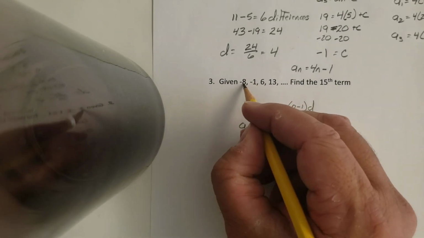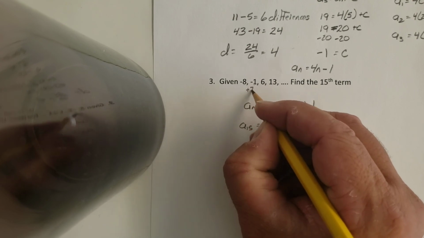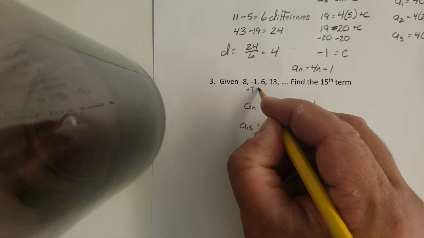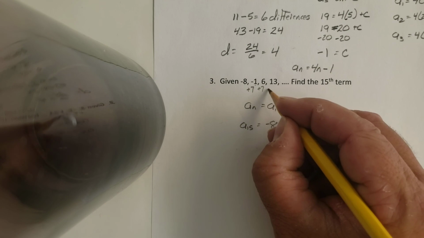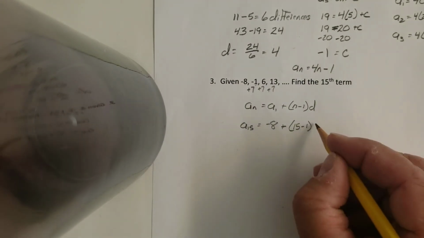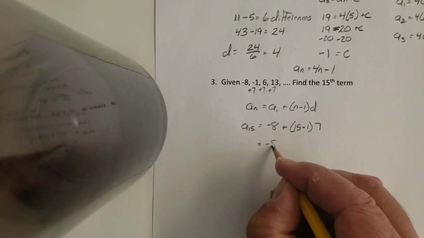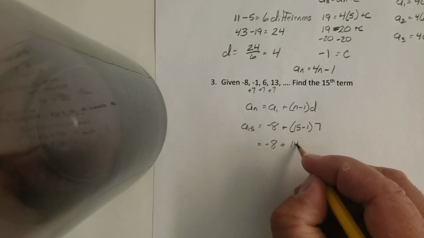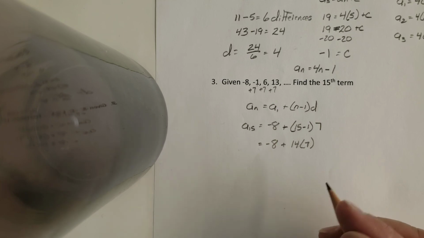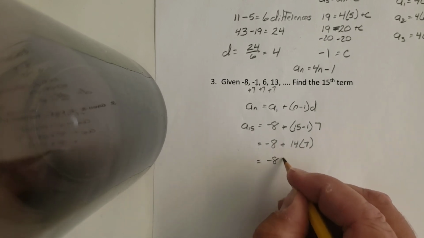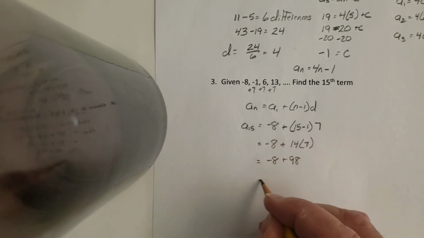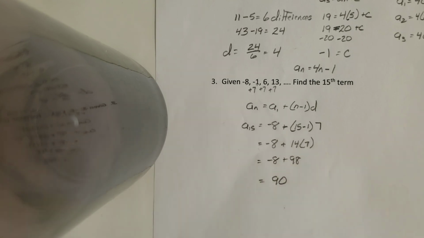What am I doing to get from -8 to -1? Adding 7, -1 to 6, 6 to 13, all plus 7s. So there it is. Now you just need to do your math here. 14 times 7, -8 plus 98, and you get 90.